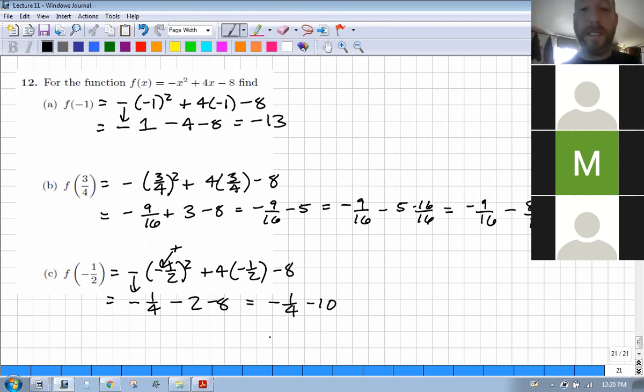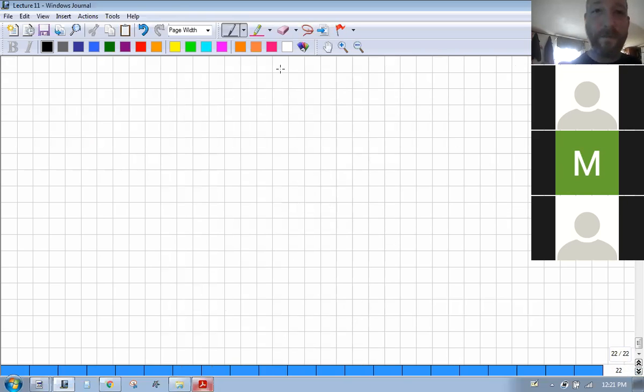So let's see, I need a common denominator. So I'll multiply this by a 4 over 4. And negative 1/4 minus 40 over 4. Excuse me, a negative 41 over 4. So all we're doing is substituting here, or evaluating the function.